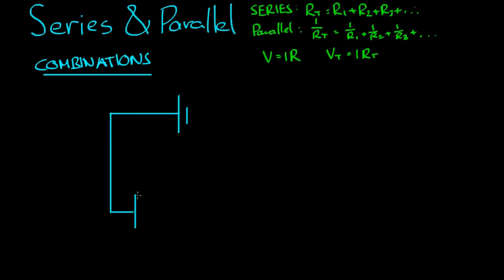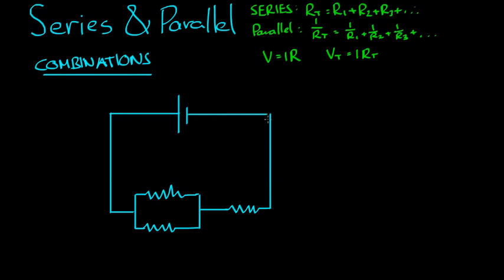Here is our parallel element, followed by what we'll call our series element. So it's not that there's anything different about the resistor. It's just the way we've placed it. We've placed this resistor so it's occupying the only track through the circuit, but these resistors are branched here.